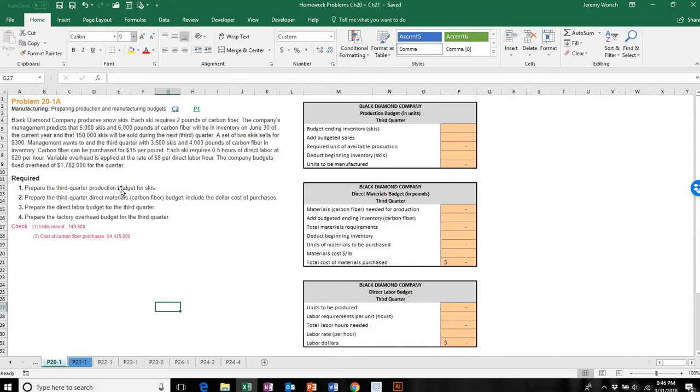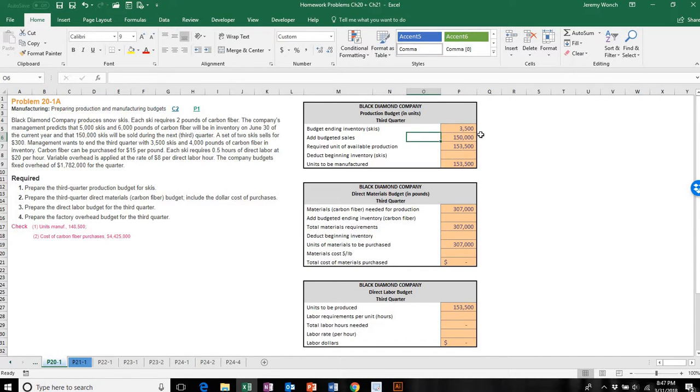All right, so we'll start with our production budget. We want to know what our budgeted ending inventory for skis is going to be. That's what we want to end the third quarter with, so it tells us we want to end with 3,500 skis. Then we want to add our target sales to that, which is 150,000.